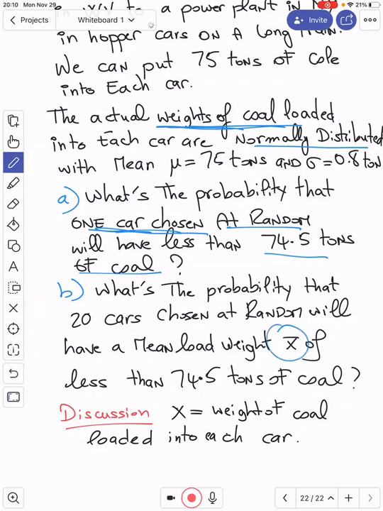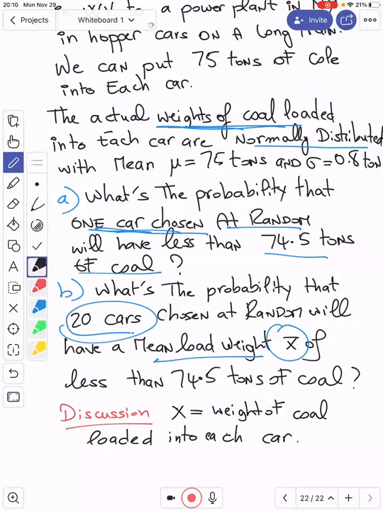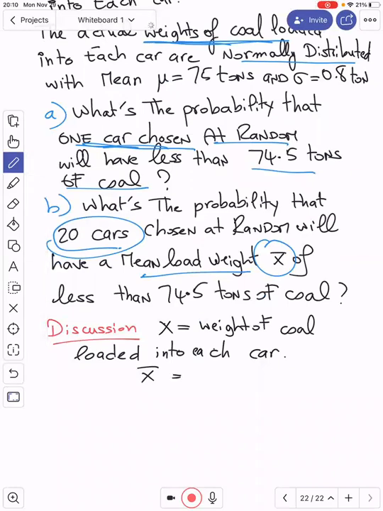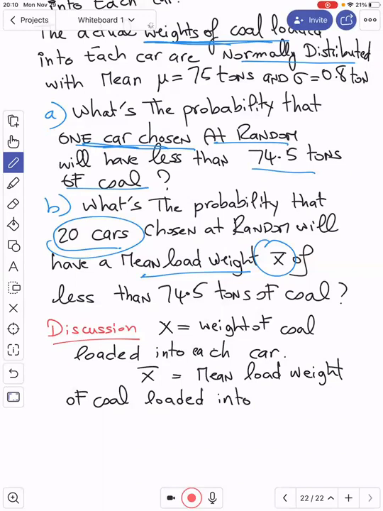This X bar, that's the mean load weight of these 20 cars. So the X bar is the mean load weight of coal loaded into 20 cars.